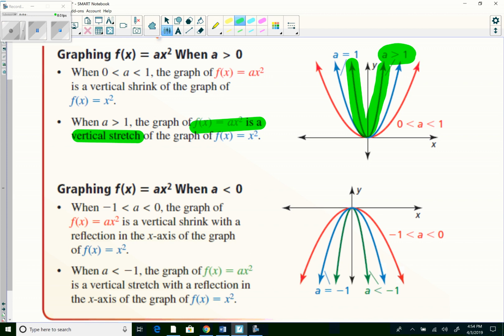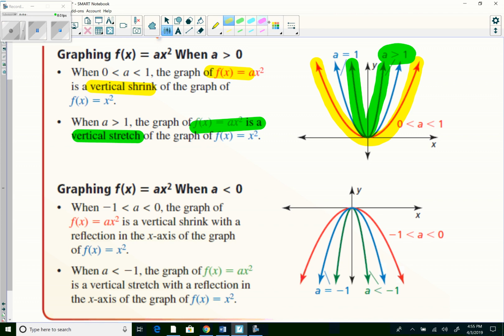You don't necessarily make yourself wider. You want to stretch something, you want it to get closer to your y-axis here. And then when you're doing a vertical shrink, that just means it's going to get closer to the x-axis. So it's going away from your y-axis.